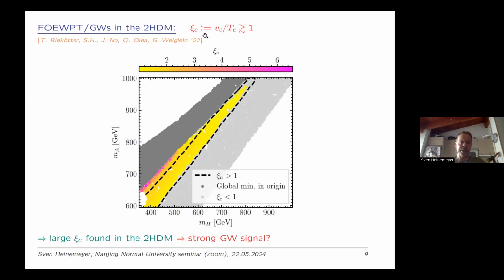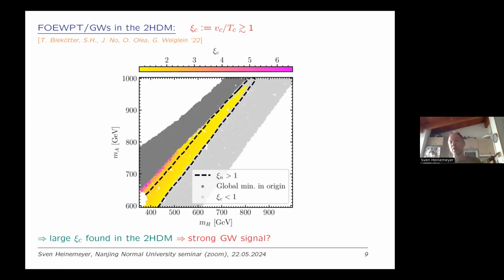So the color coding tells you the value of the Xi-C, where light gray is Xi-C smaller than 1, but the nicely colored area here gives us the Xi-C larger than 1, and this was the area where people before in the literature thought this is where we have a strong first-order electroweak phase transition. And then the question is, can this also result in a strong gravitational wave signal?